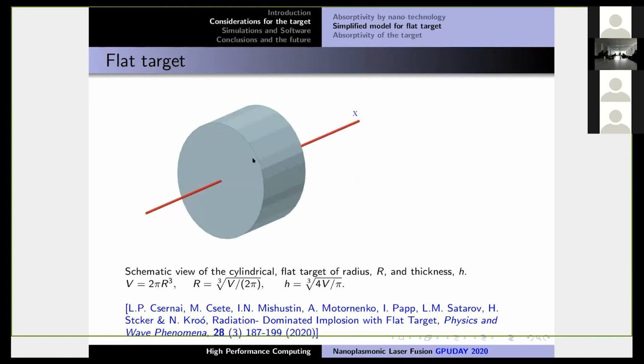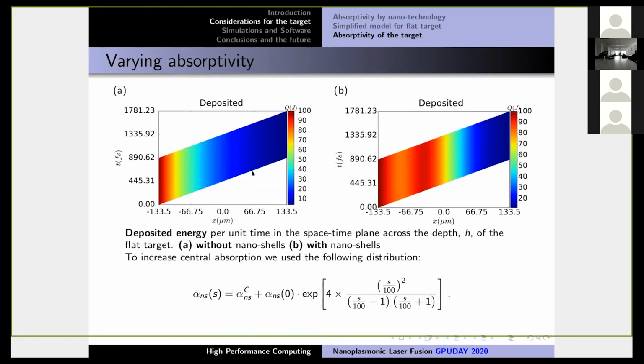We consider the flat target, which has a minimized surface area. For example, on one-sided irradiation, we see that without a nanoshell, the deposited energy does not even reach the middle.